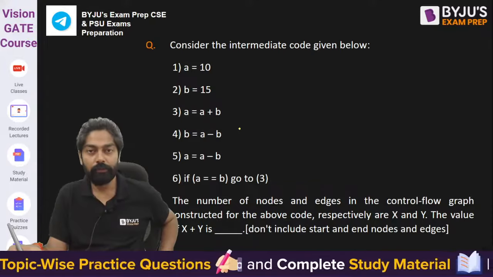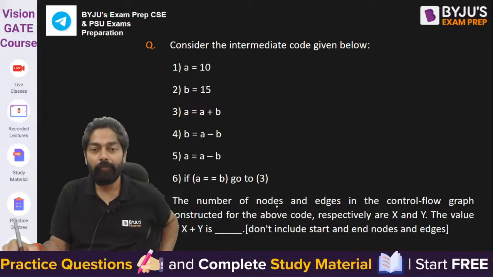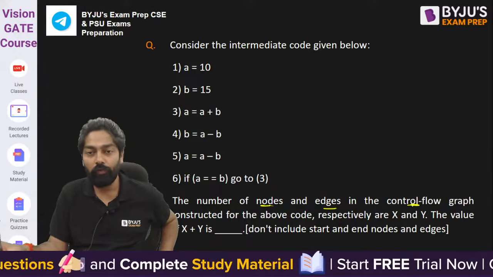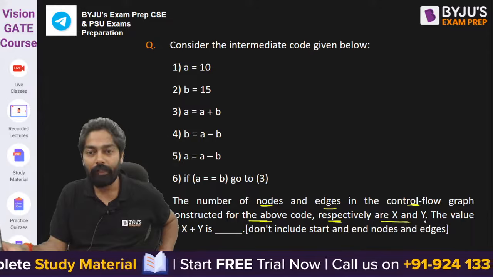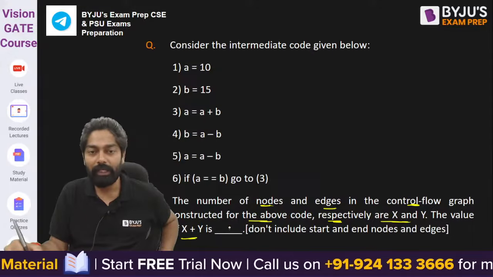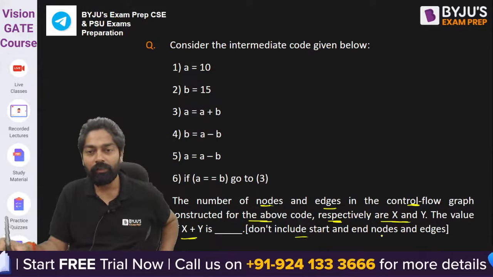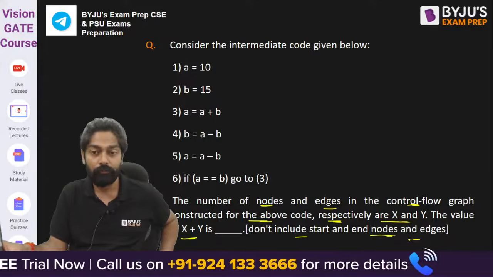The number of nodes and edges in the control flow graph constructed for the above code respectively are x and y. The value of x plus y is asked. Don't include start and end nodes and edges.